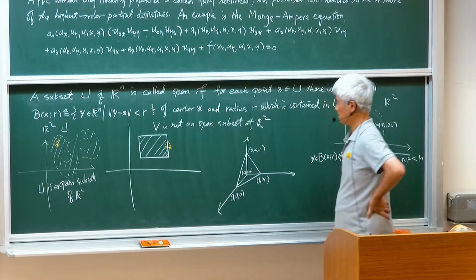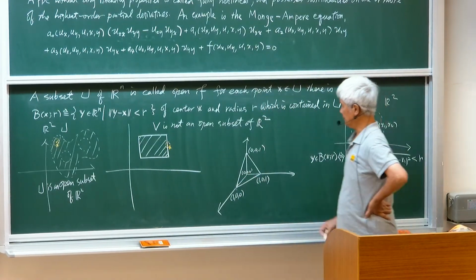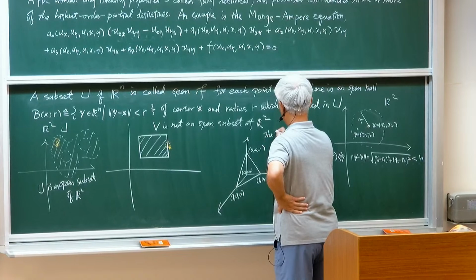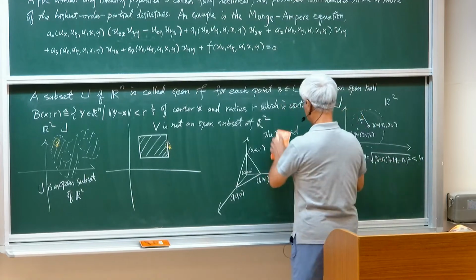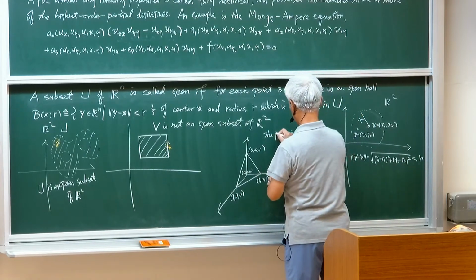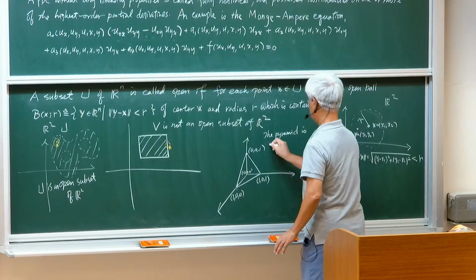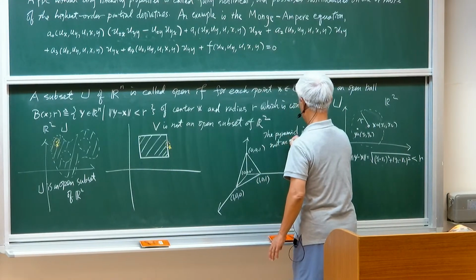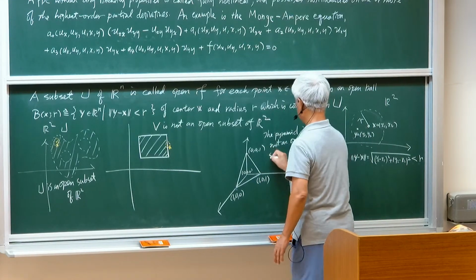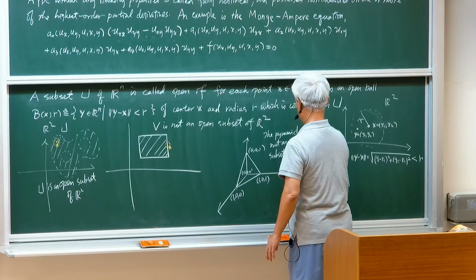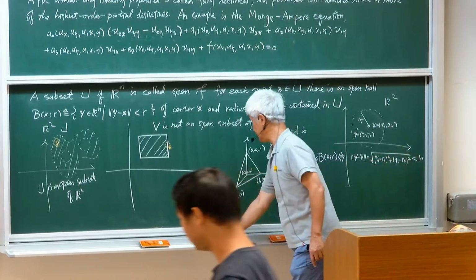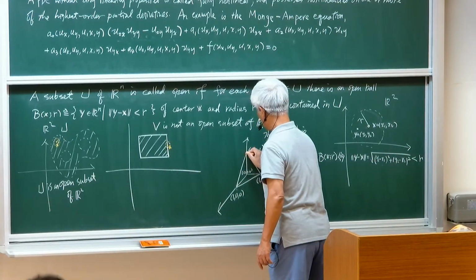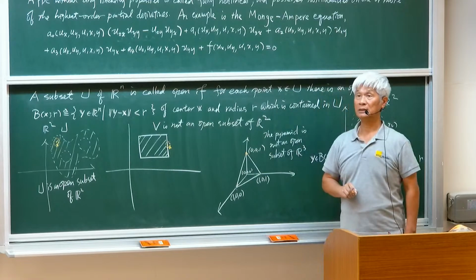The pyramid is not an open subset of R^3. Why? You can select the point, this vertex here.